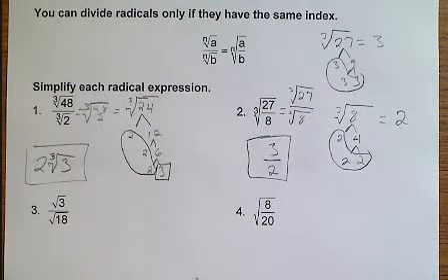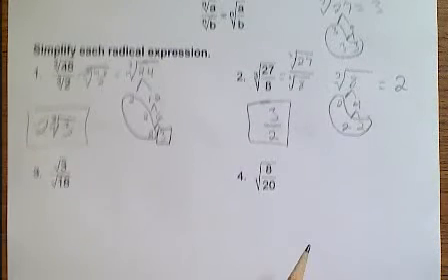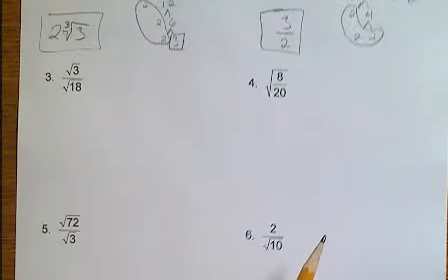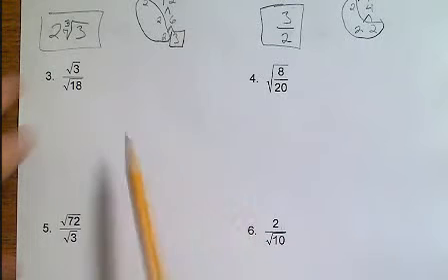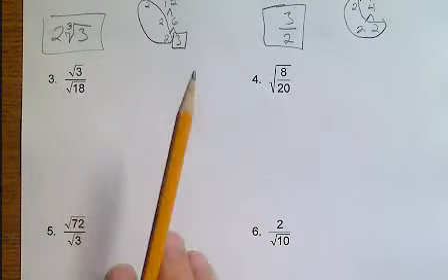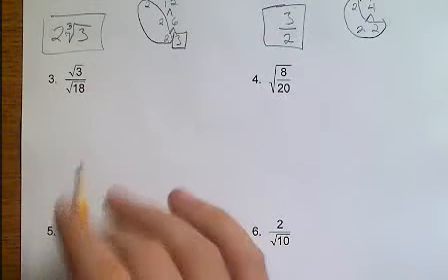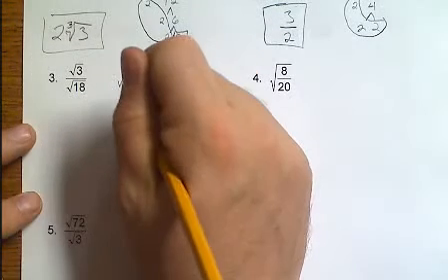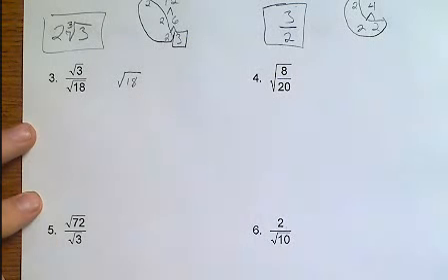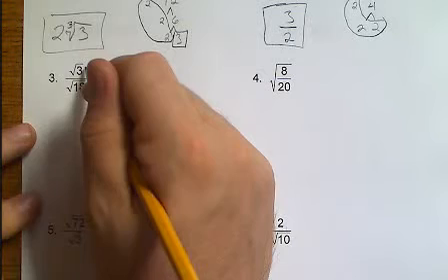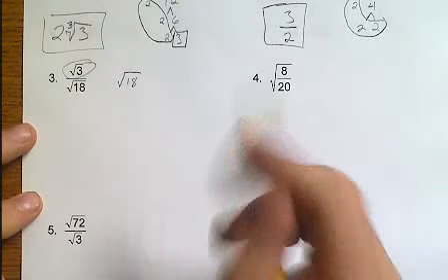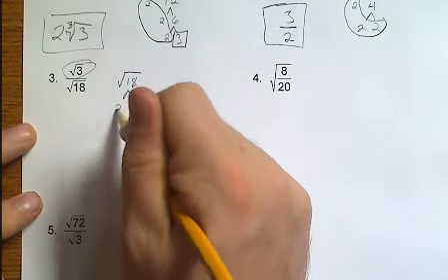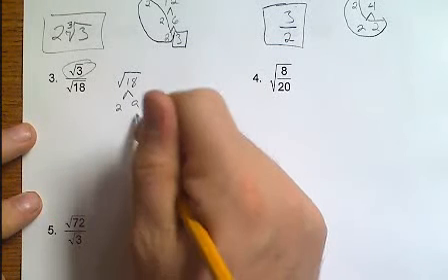Let's go ahead and take a look at number 3. Well, the square root of 3, I know, is just going to be the square root of 3. So I'm going to leave that alone for right now. I'm going to look into what the square root of 18 is. Well, 18 is 2 times 9, and 9 is 3 times 3.